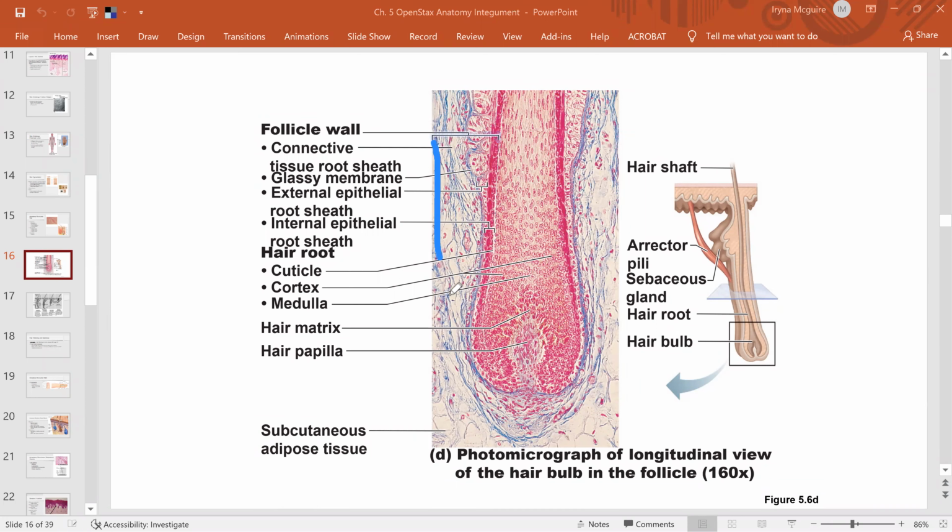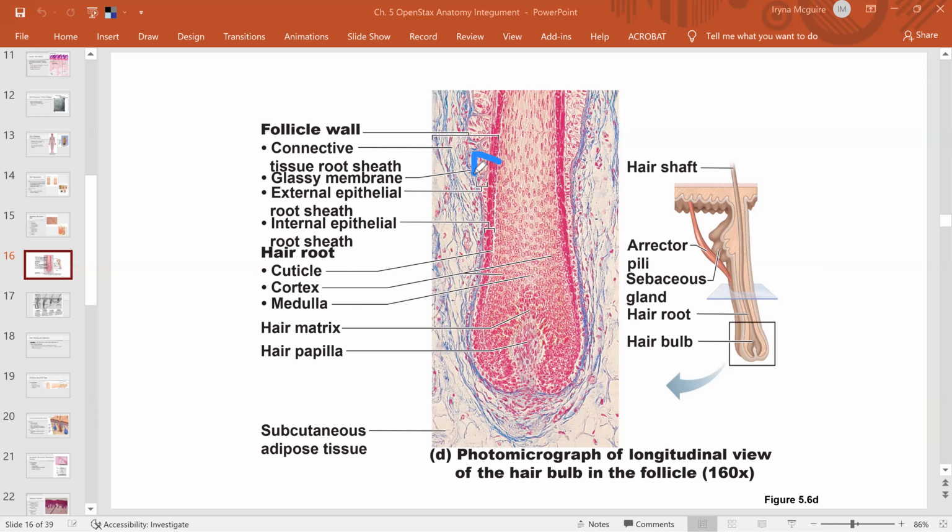All the way to this point, that's a hair follicle. Or even, I'm sorry, even this one. Yeah, that's a hair follicle. And hair is inside. Now, the hair follicle is made of epithelial tissue.